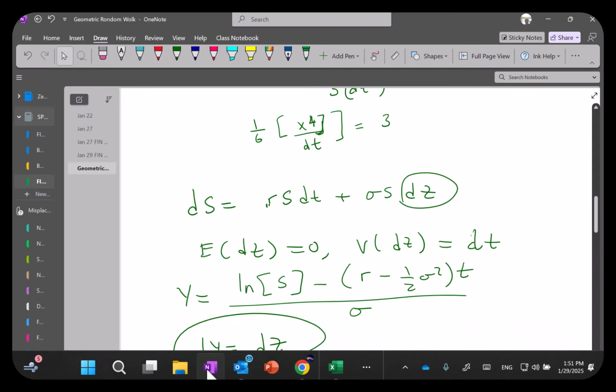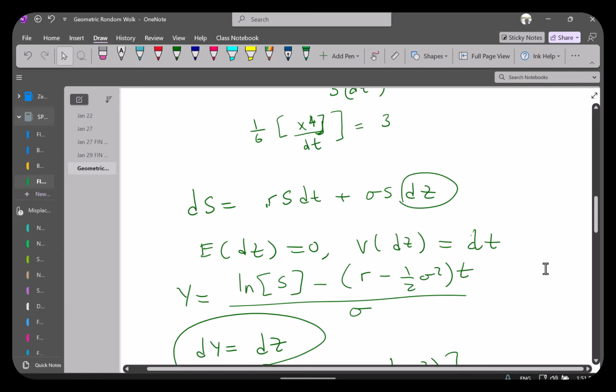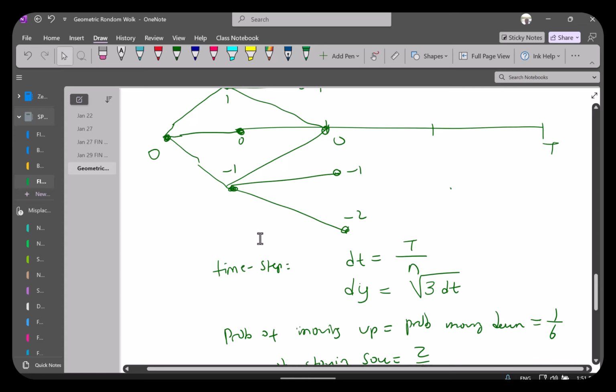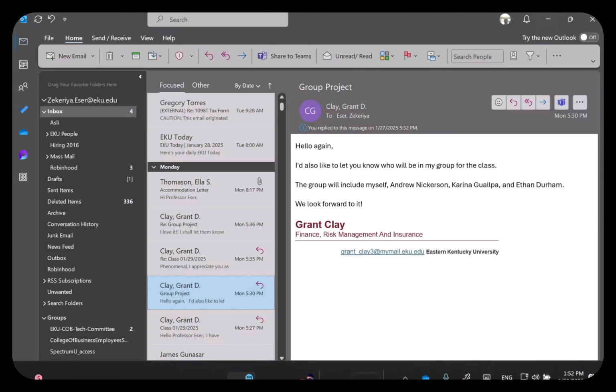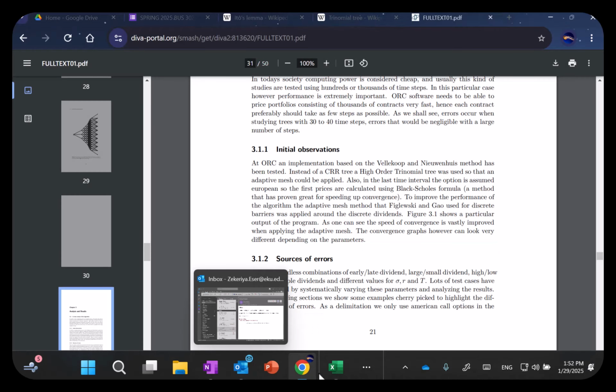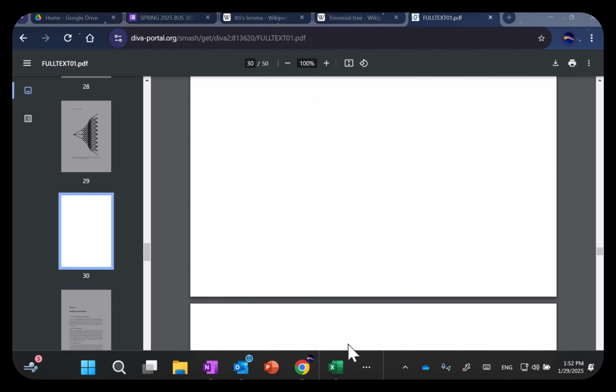So if you go back to here, say we number those steps like that.